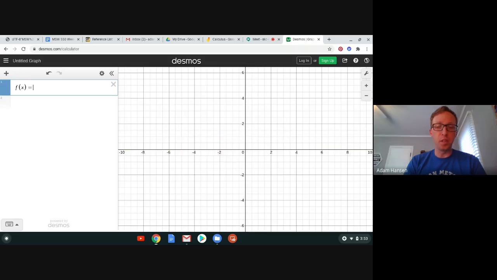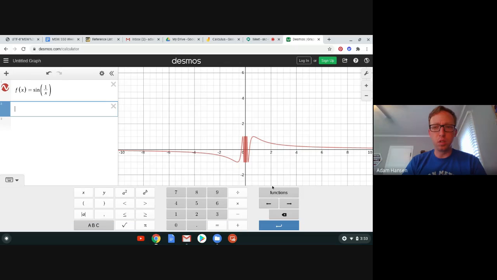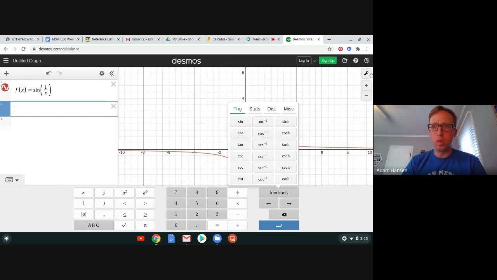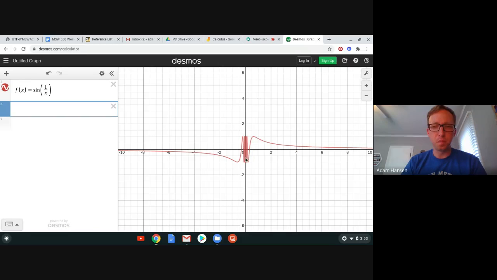So type that into Desmos, the sine of 1 over x. Make sure we are in radians here. Yep, okay, we're in radians.